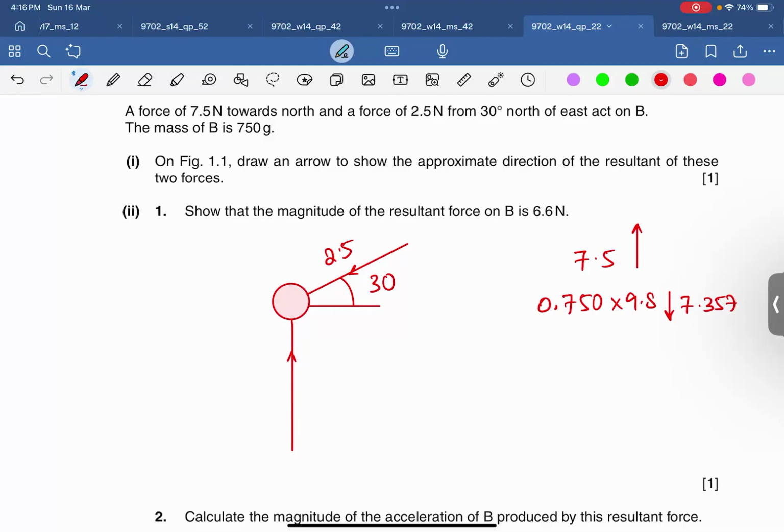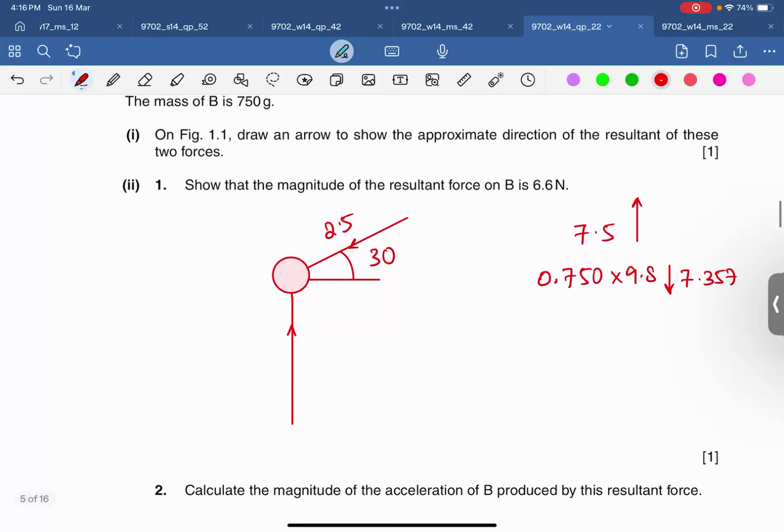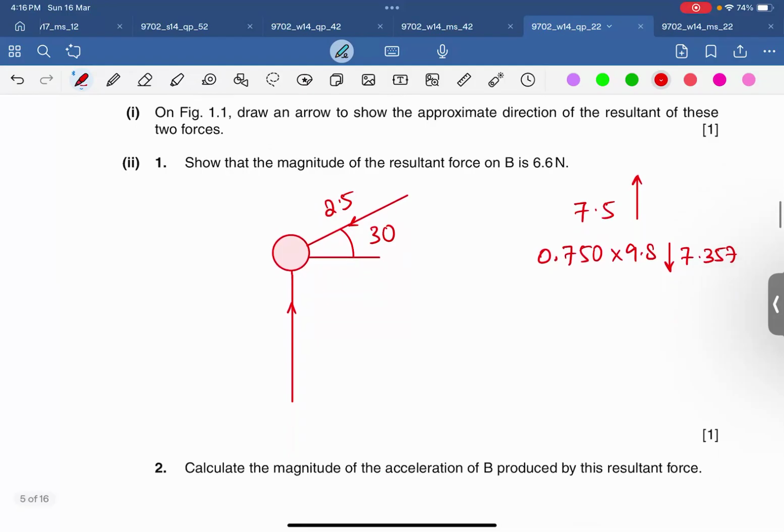The magnitude of the resultant force on B, we have to consider that. So if we just subtract 7.5 minus the answer, I am getting 0.143 as the upward force.